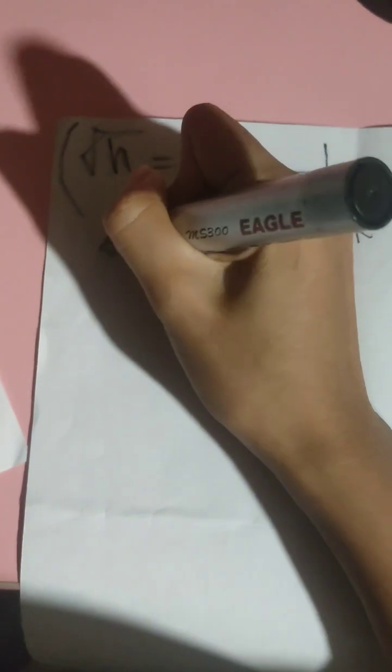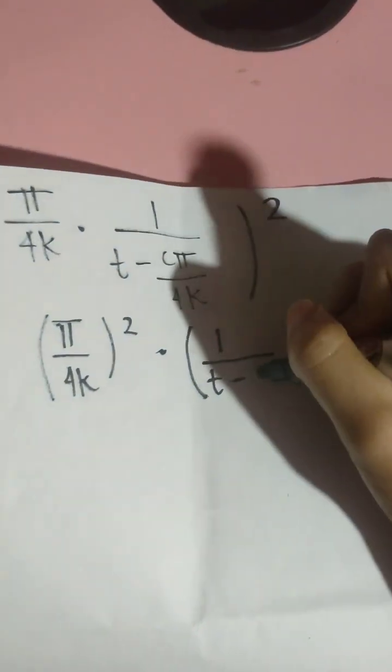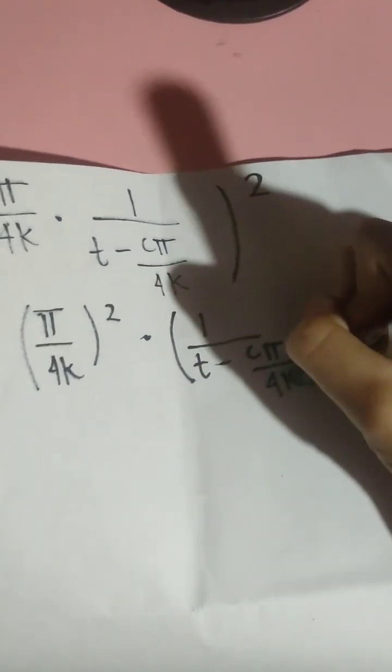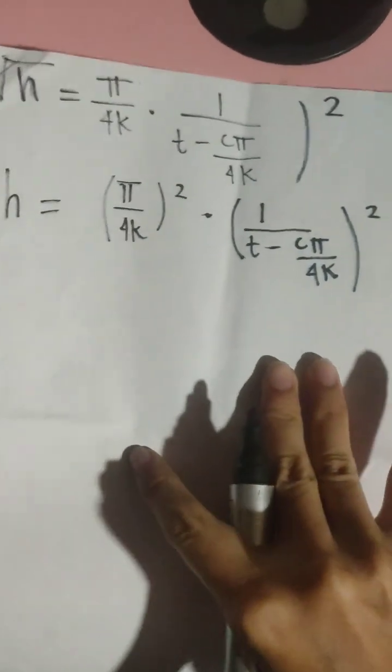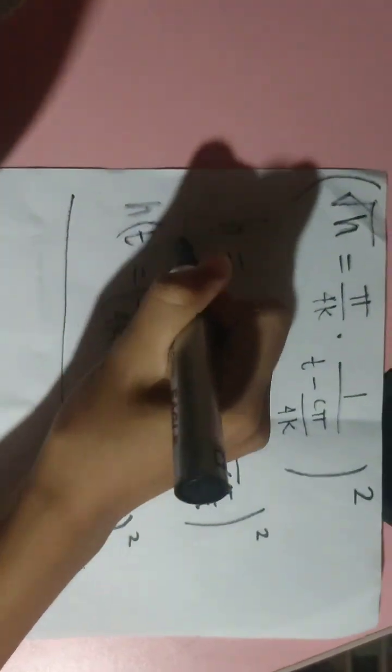So we have h of t is equal to pi over 4k quantity squared times 1 over t minus c pi over 4k quantity squared. So that is our equation to find the height in terms of t. Thank you.